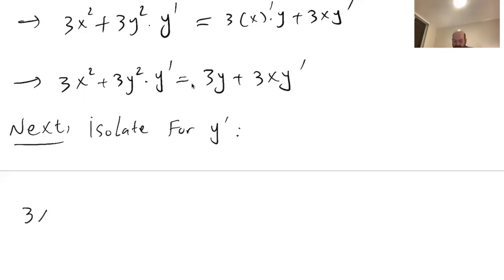So 3y squared y prime minus 3xy prime equals 3y minus 3x squared, right? There are two terms that contain y prime, this term and this term. I took them to the left-hand side, and the other two terms to the right-hand side.